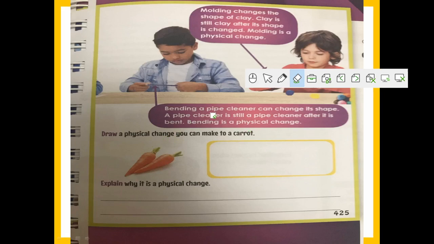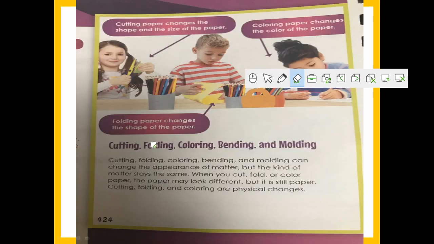Look here. Cutting, folding, coloring, bending, and molding. I said for you, these are some examples of physical change. Cutting, folding, coloring, bending, and molding can change the appearance of matter. Only the appearance, but the kind of matter stays the same.